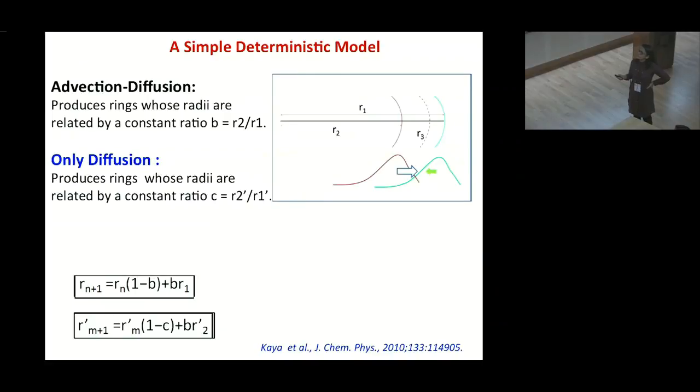But as soon as the first ring is deposited, the concentration here is high, and that in turn creates an inward diffusion, whereas the advection is still happening. So there is a juxtaposition of advection and diffusion, and somewhere in between, you have a second ring precipitating if the concentration exceeds a critical value. So this creates ring 2.